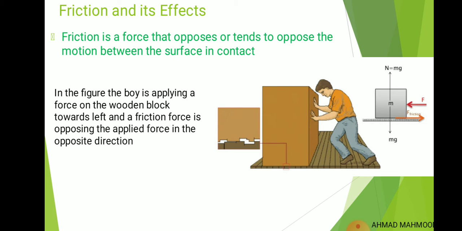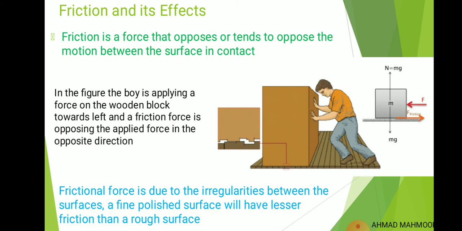If we microscopically see the surfaces, like in the figure, a boy is applying a force on the wooden block towards the left, and the friction force is opposing the applied force in the opposite direction. You can see it in the figure. The red color force is the action force from the boy. The orange color force is the friction force in the opposite direction.